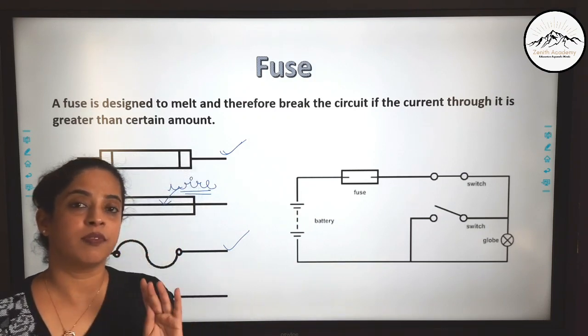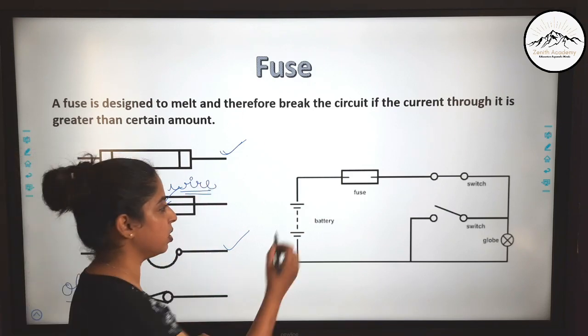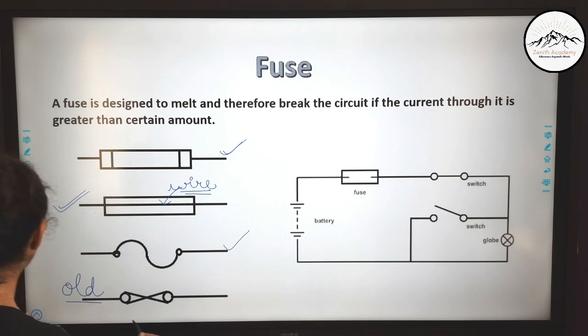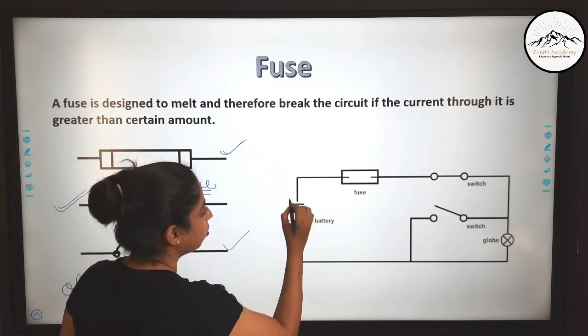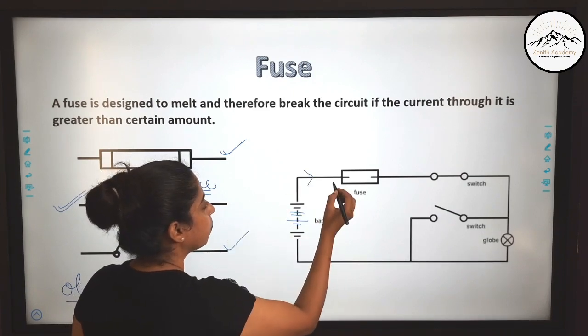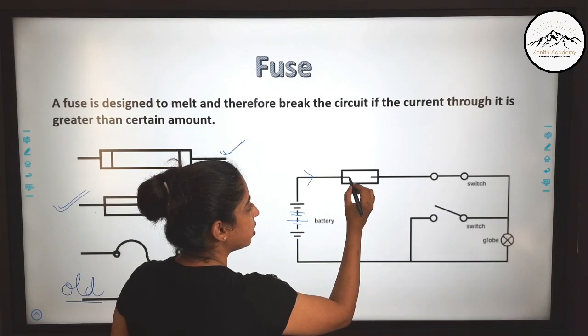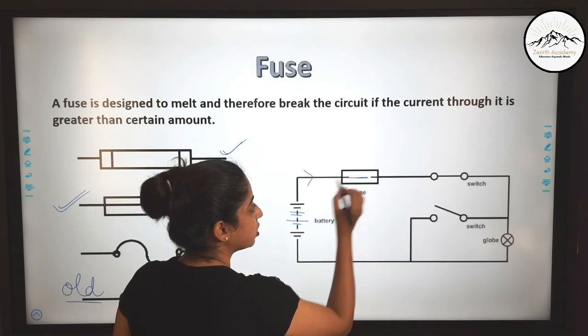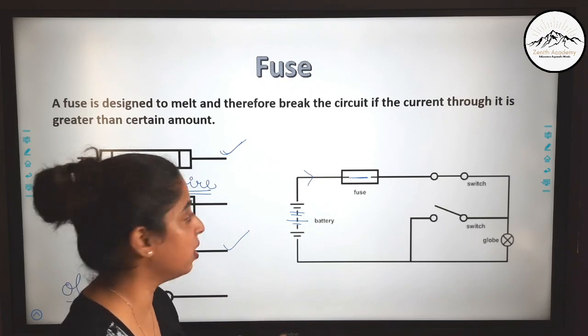Now, to safeguard our appliances, we use fuse. So what happens here in the circuit, you can understand that if by chance a large amount of current flows, this wire which was there inside gets heated up very fast.